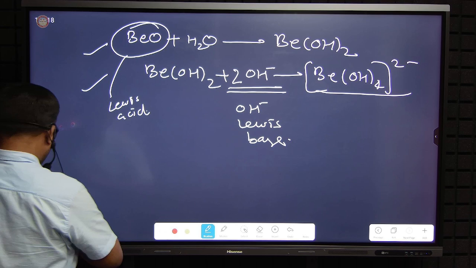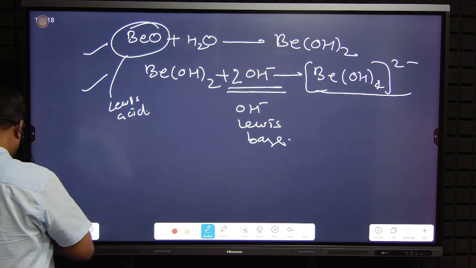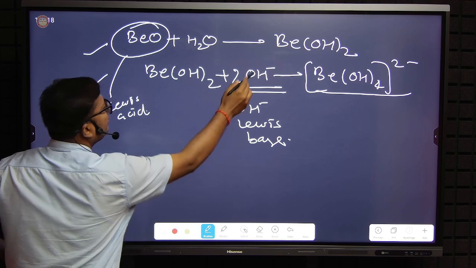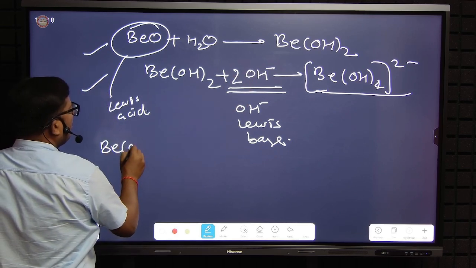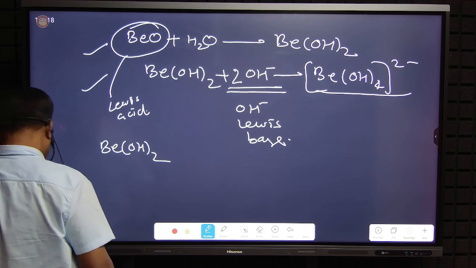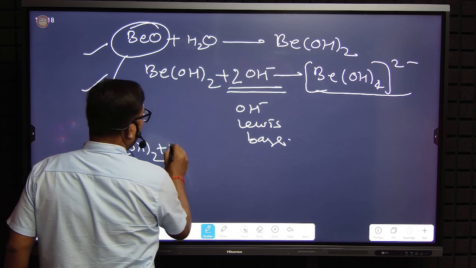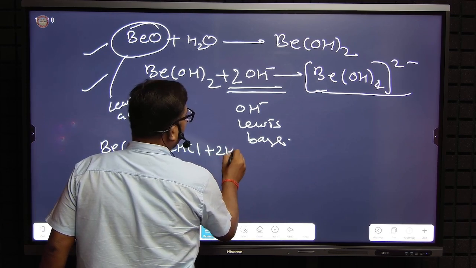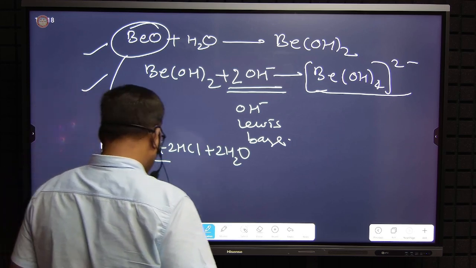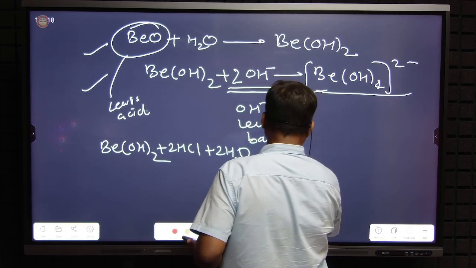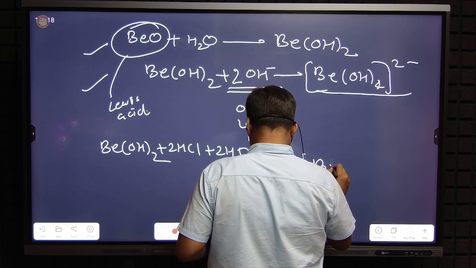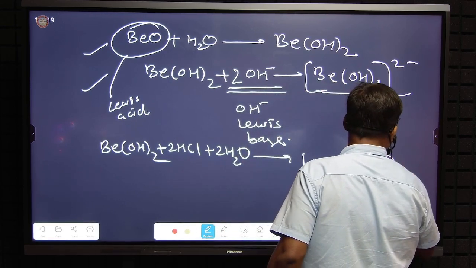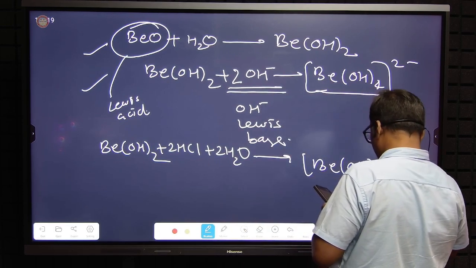But the same compound also reacts with acids. Suppose beryllium hydroxide reacts with 2 moles of HCl in water. What product forms? That is Be(OH)4, and so this 2 minus, that is your Cl2.